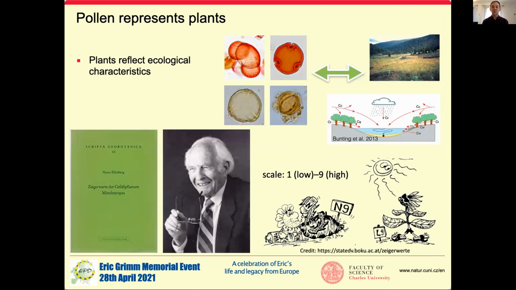So back to my talk. Today I want to say something about how we can interpret large pollen data sets in terms of ecological gradients or ecological characteristics. And of course, all of you know that pollen basically represents plants. So pollen is a reflection of vegetation growing in the surroundings of a place where we collect our pollen data. So we gather our pollen assemblages, and these assemblages have to be, of course, somehow interpreted, and they can be interpreted in terms of diversity.